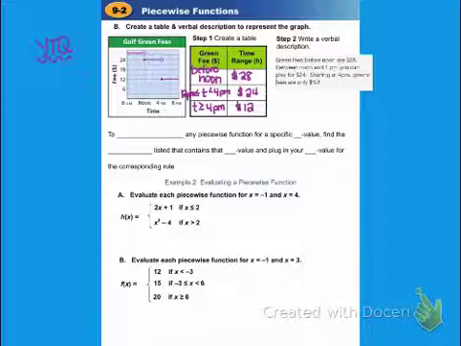Then the next interval dropped down in price to only $24, starting at noon, and I know it included noon because the solid dot is on that step of the graph. It goes up to just under 4 p.m. Again, the open dot is associated with just a less than in my table.